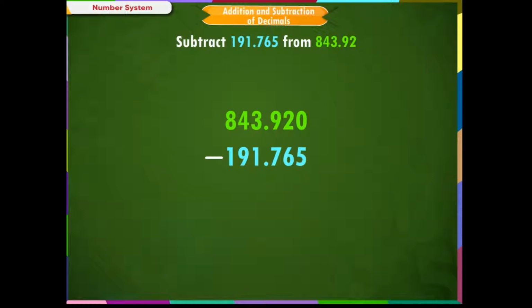Write 191.765 below 843.920, and the decimal points are placed in the same vertical line, and then subtract in the same way as we do in case of whole numbers. The difference is 652.155.